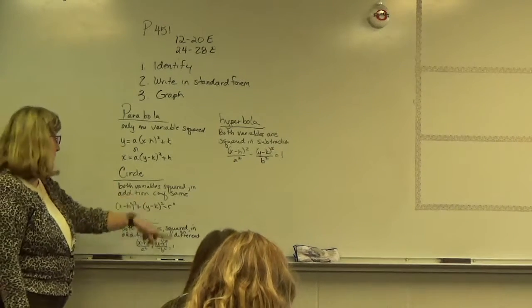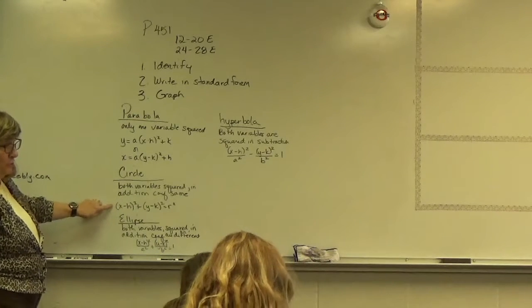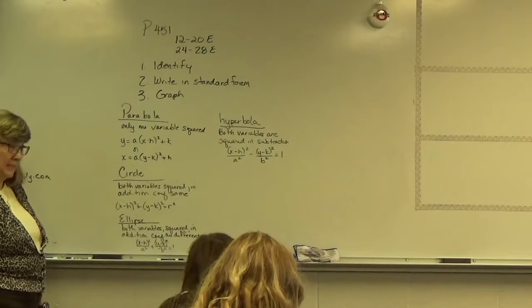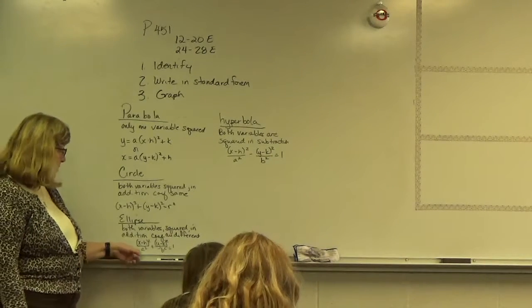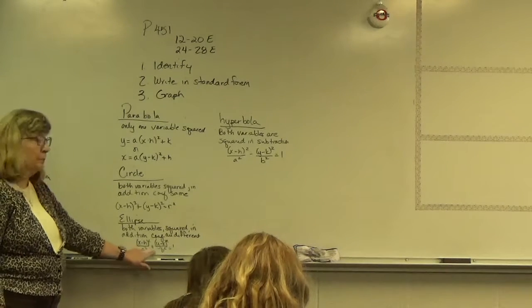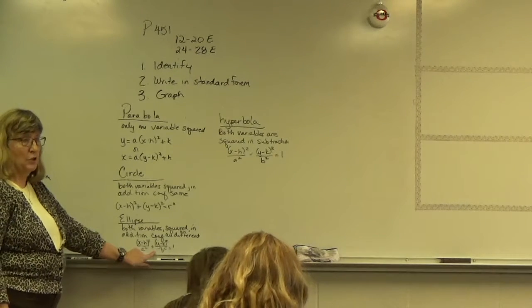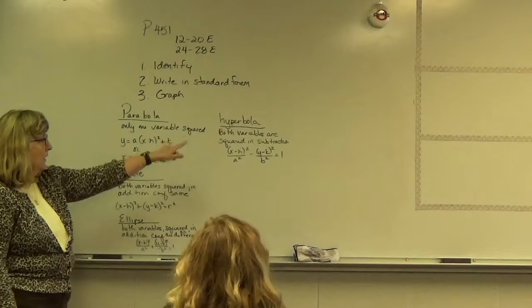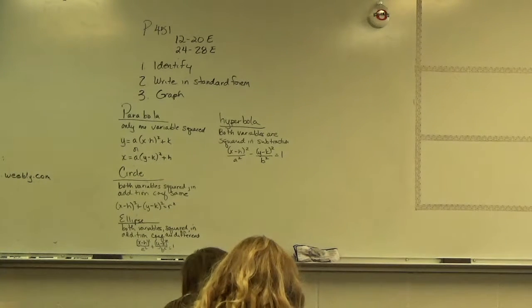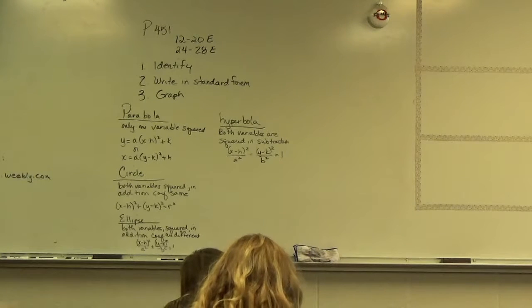The coefficients are the same, and that's the standard form of a circle. An ellipse: both variables are squared, it's in addition, and the coefficients are different. It's like the hyperbola that we did Friday, except it's got a plus sign in between. And then the hyperbola: both variables are squared, they're in subtraction, and they have to be equal to 1 to be in correct standard form.